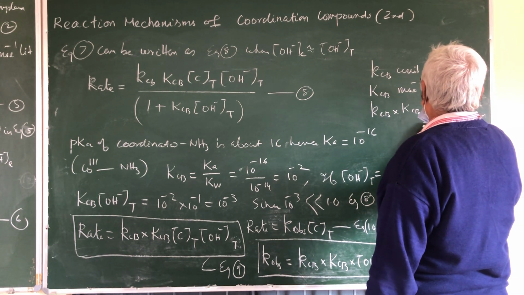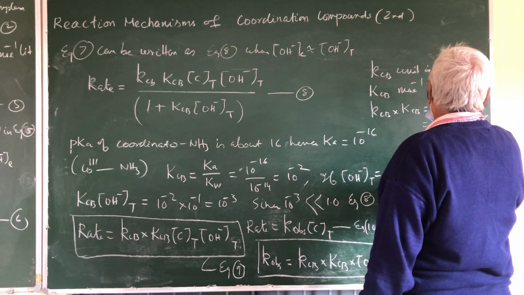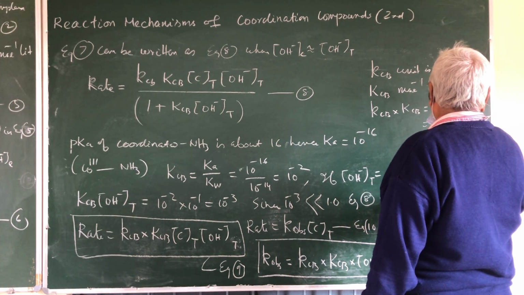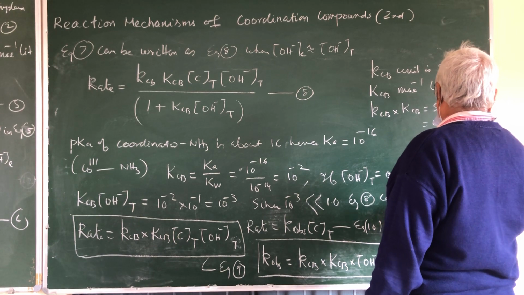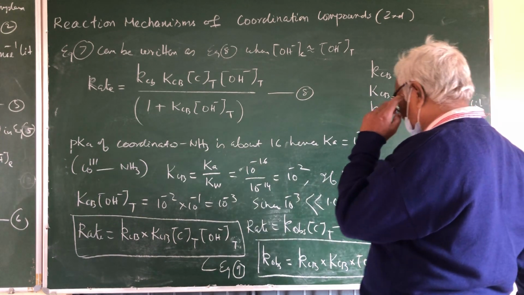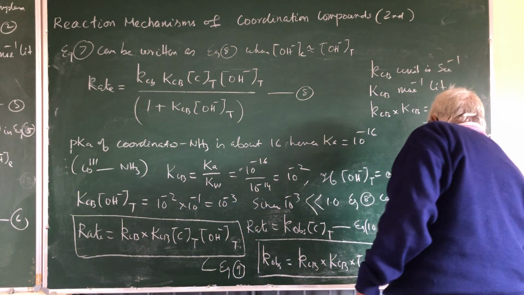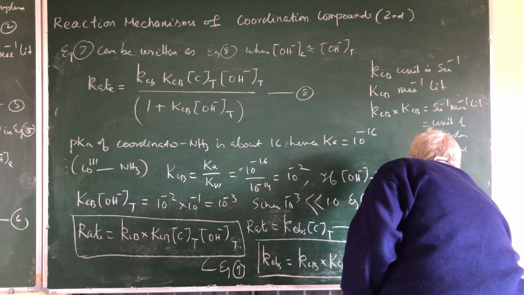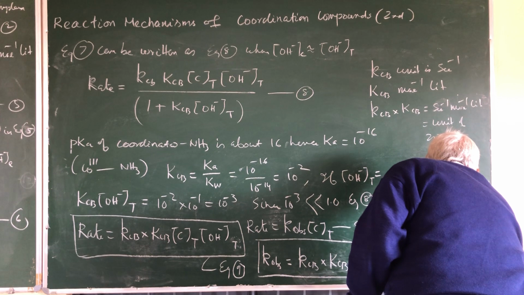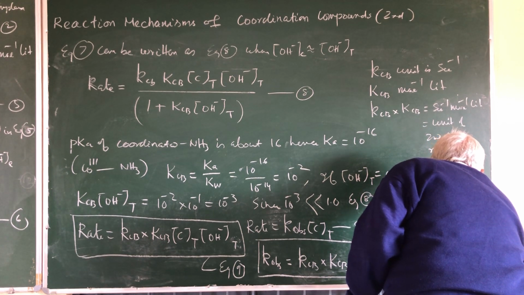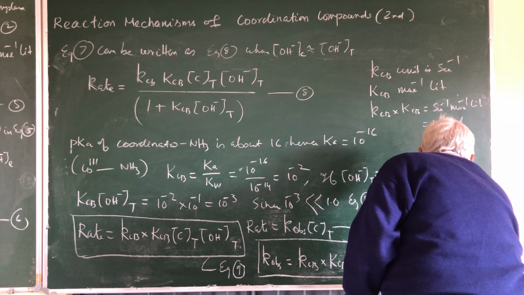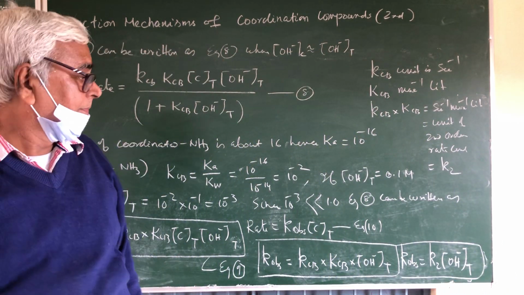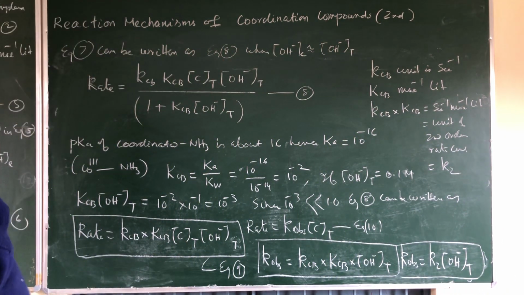So this is nothing but the unit of second order rate constant, that is K2. K2 is the second order rate constant. So finally, you can write K observed is equal to K2 into hydroxide ion total.